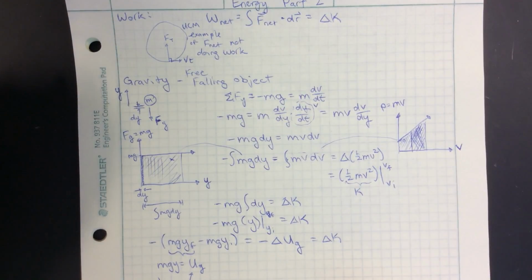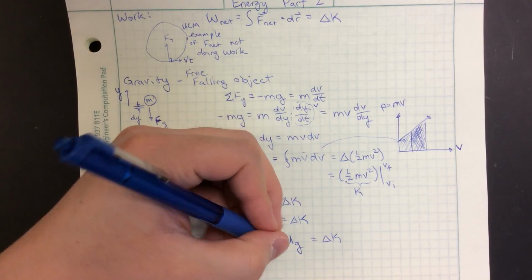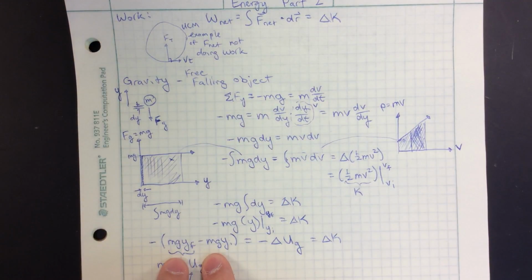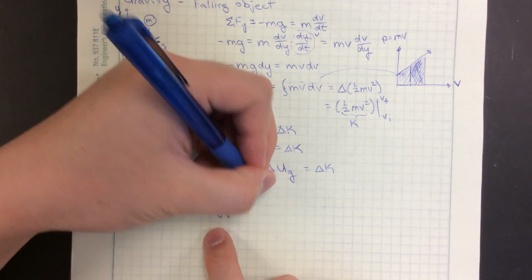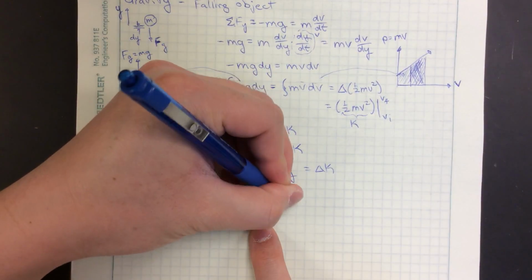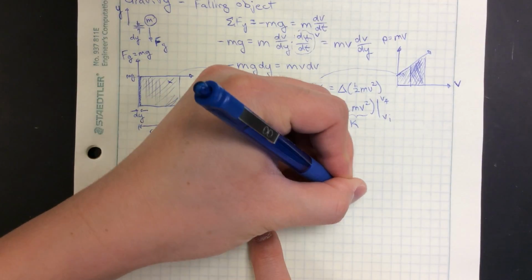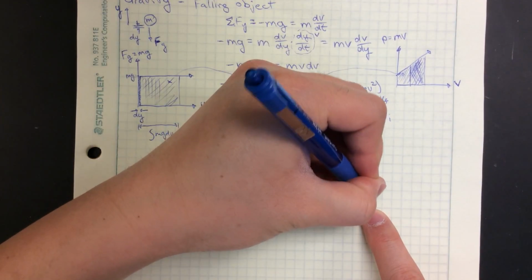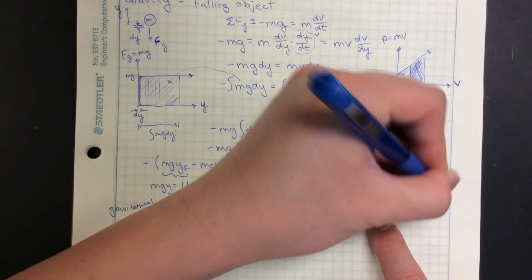Okay, so we can write it like this. Another way we can write it is, if I distribute my negative, I can say mgy initial minus mgy final is equal to 1/2 mv final squared minus 1/2 mv initial squared.